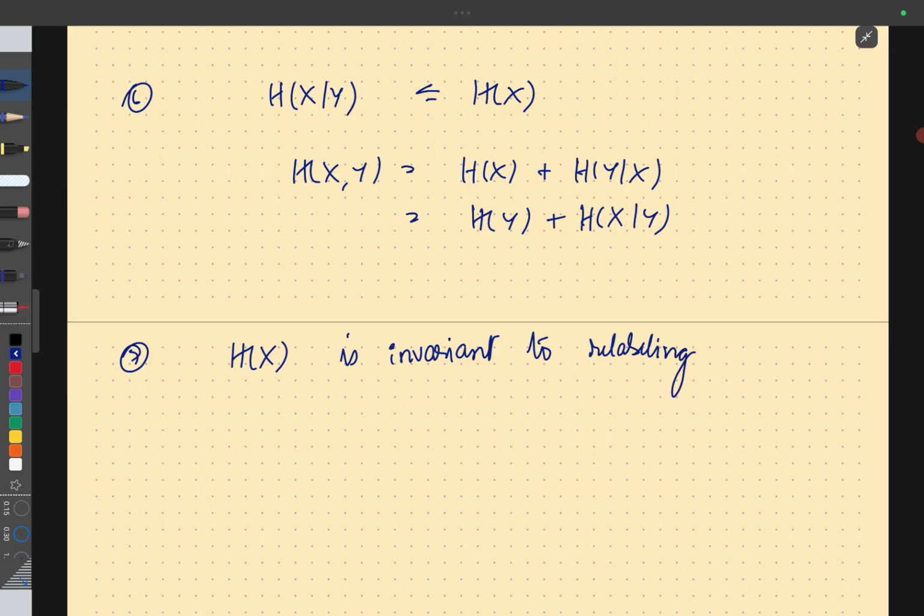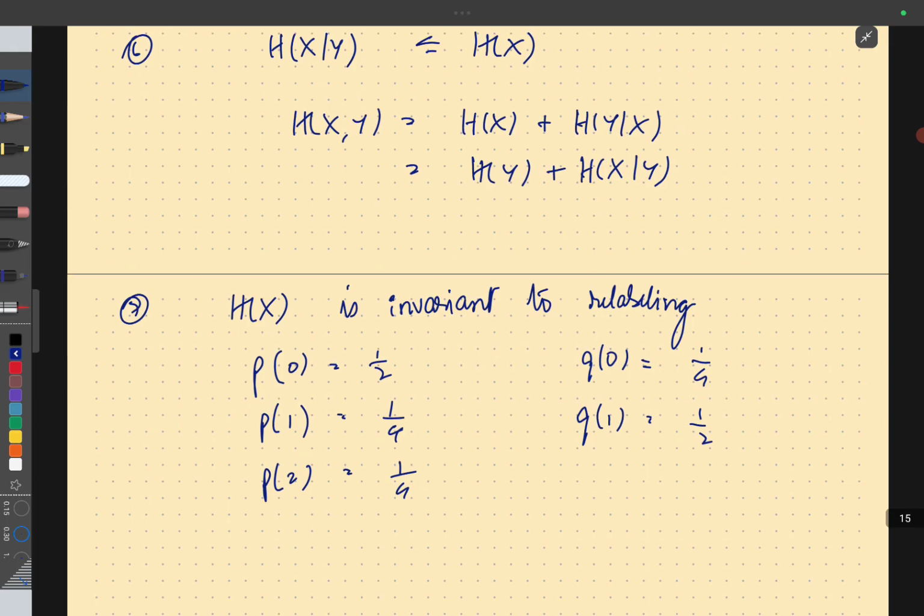So in other words, if I have, let's say, 3 symbols, and a probability mass function P of 0 equal to half, P of 1 equal to 1/4, P of 2 equal to 1/4, and I have another distribution Q, Q of 0 equal to 1/4, Q of 1 equal to half, and Q of 2 equal to 1/4.